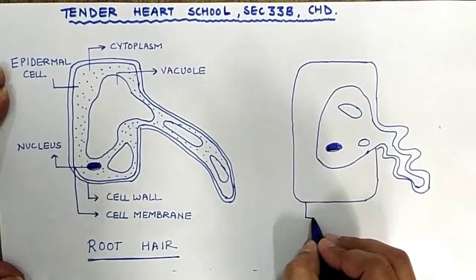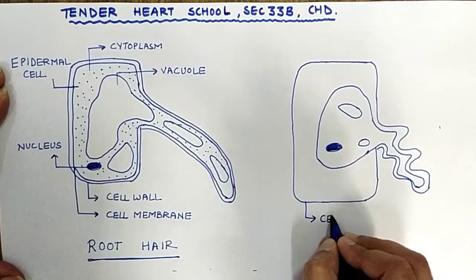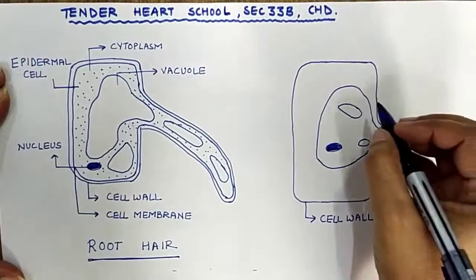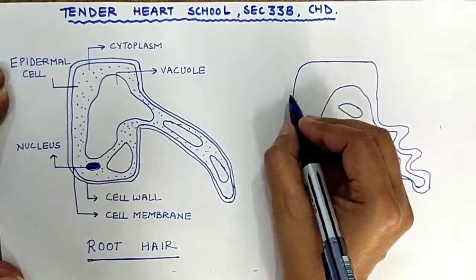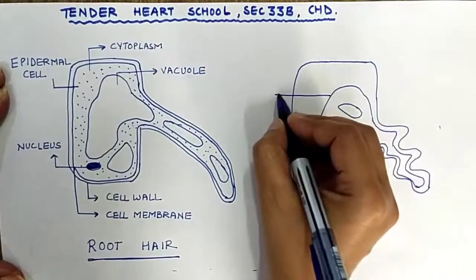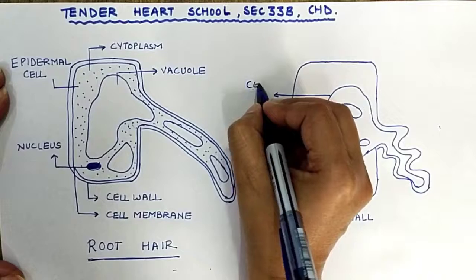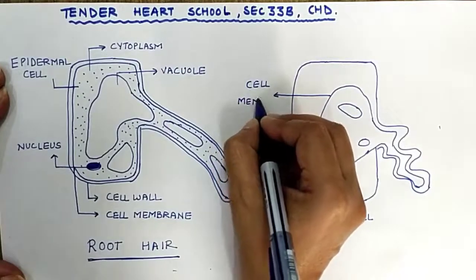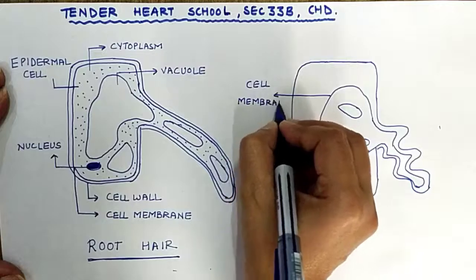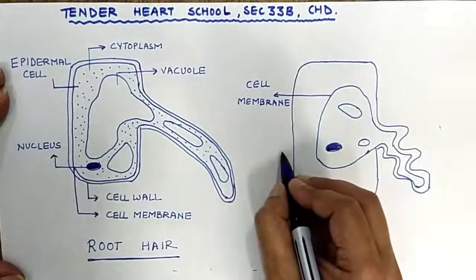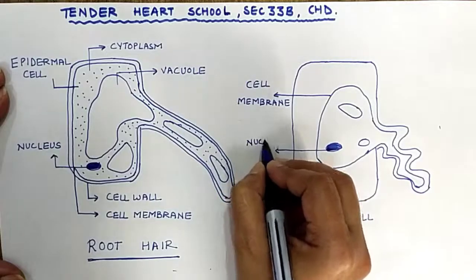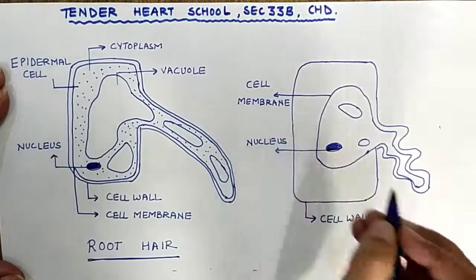So let us label. This one is the cell wall. This is the cell membrane. Right? This is nucleus. Okay.